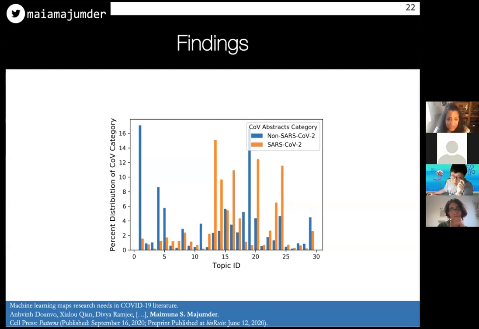In other words, COVID-19 abstracts were disproportionately concentrated in these 5 topics related to non-COVID-19 abstracts.